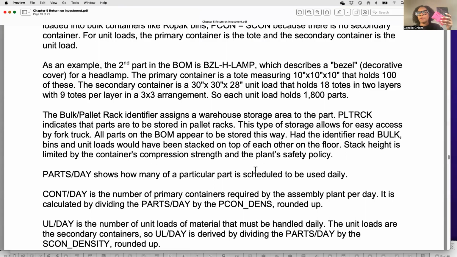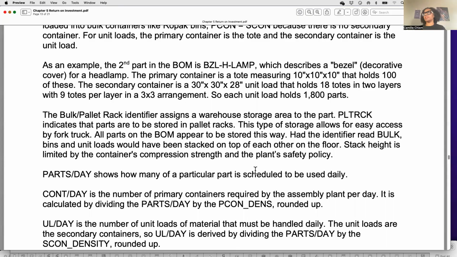I forget how high, but if you look at the catalogs for Orbis or Bradford, like we did in that one assignment, it'll show you how high you can stack these based on the weight capacity. And you saw the dynamic and the static compression. The static is how many you can stack high on the floor in a warehouse situation, versus the dynamic, which is when it's moving around. So those things all come into play.